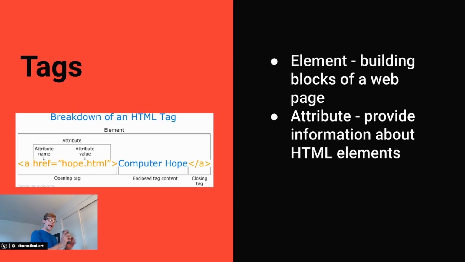So we have the opening A tag with an href attribute. Remember, it's the attribute, equals, and then stuff in quotes. So that is our attribute and attribute value. Then we might have some content in between our opening and closing tag. In this case, this is the text they click for a link. And then we have the slash to indicate that that is the closing tag.